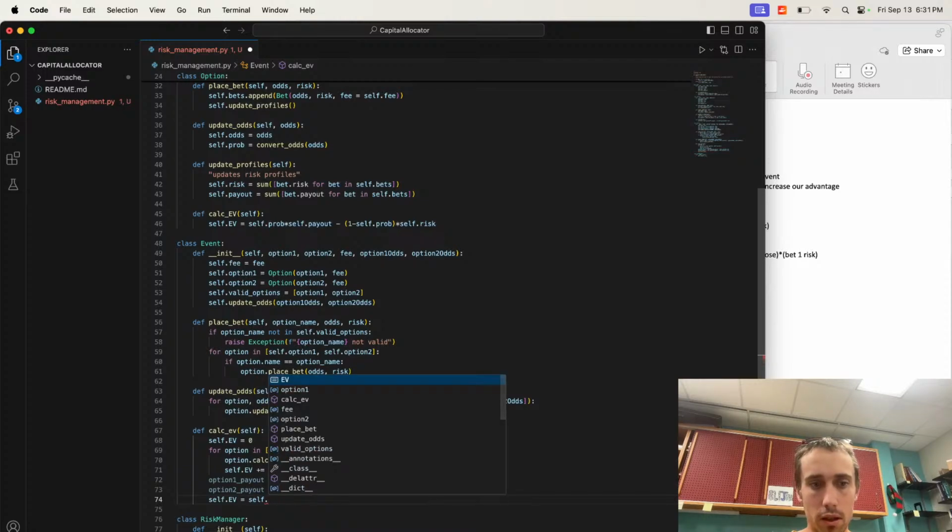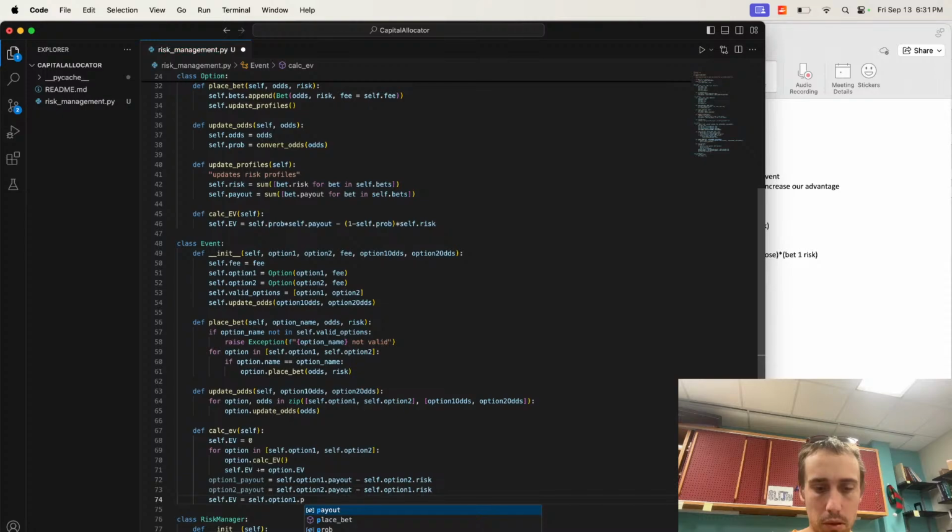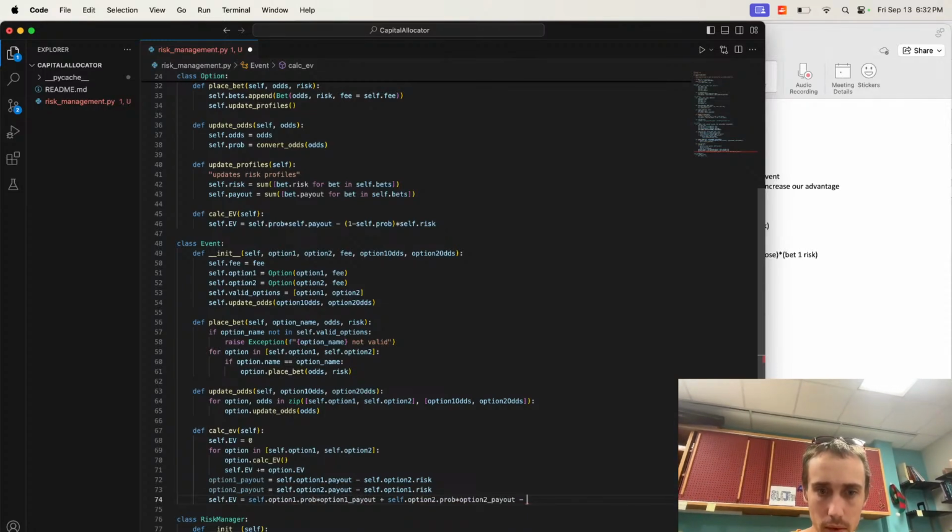So self dot option 1 dot prob, whatever the probability is that option 1 wins, times option 1 payout, minus, plus probability option 2 wins times option 2 payout, minus probability.